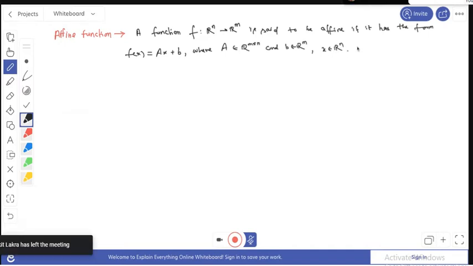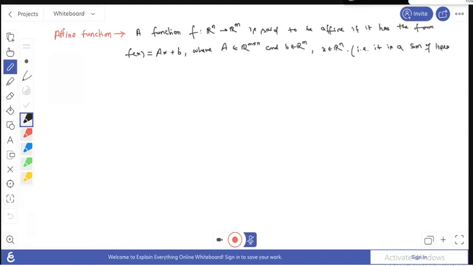So this Ax plus b is the sum of a linear function and a constant. You can say that an affine function is basically a sum of a linear function and a constant.